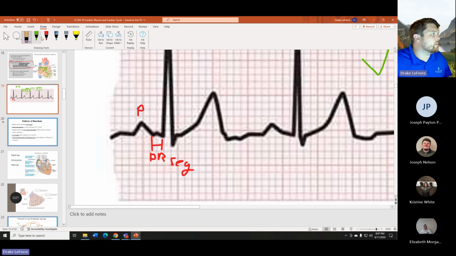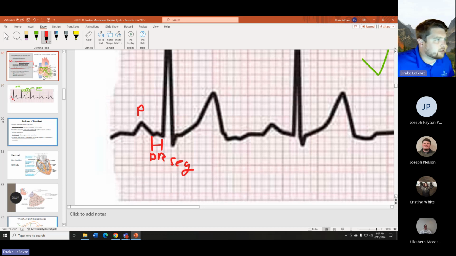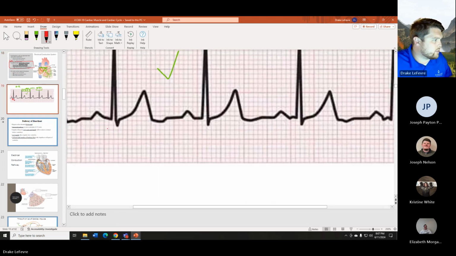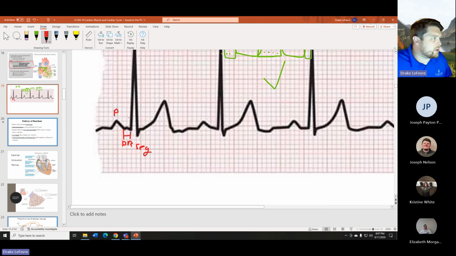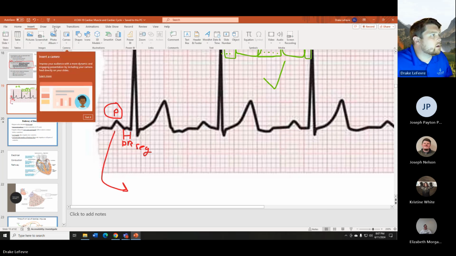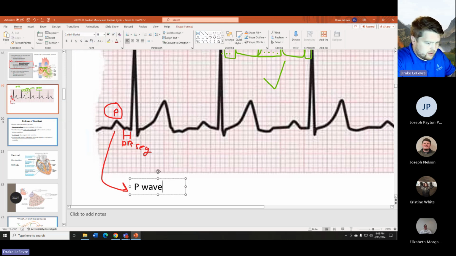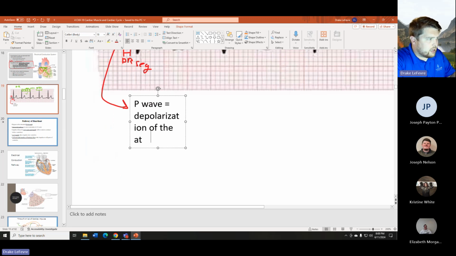So right now, at this point, we're talking about the electrical signal coming in from the SA node to the AV node. That is our P wave. Right there. The depolarization, P wave, equals depolarization of the atria.